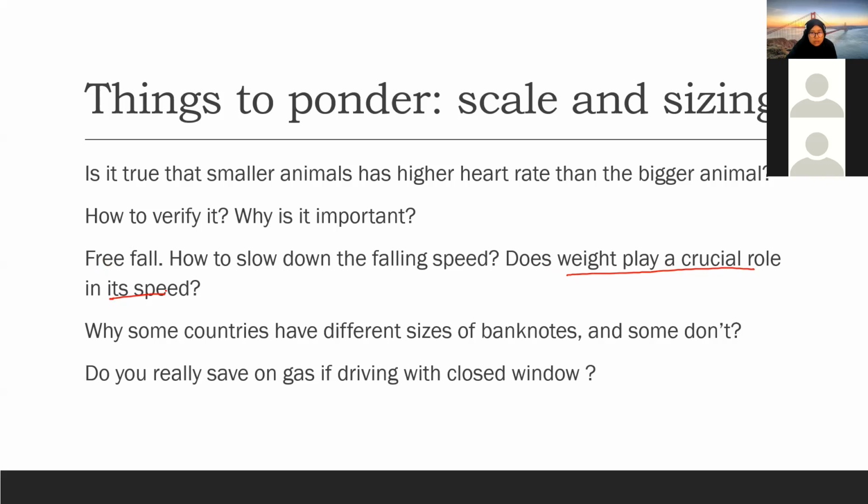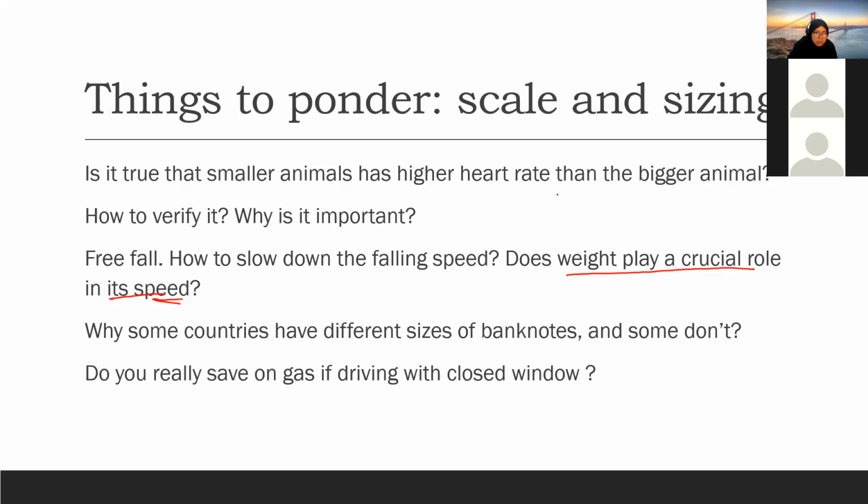Actually, just for your information, does weight play a crucial role in the speed for free fall? No, it's the same thing. If someone is bigger or if someone is small, the speed is going to be the same.